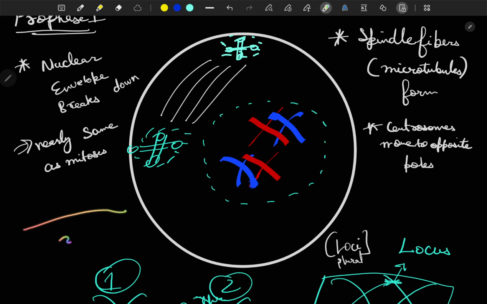Okay, for example, this one is a chromosome. It has a kinetochore, but it was fused. But in meiosis, it acted as a single one, so one kinetochore here, one here.